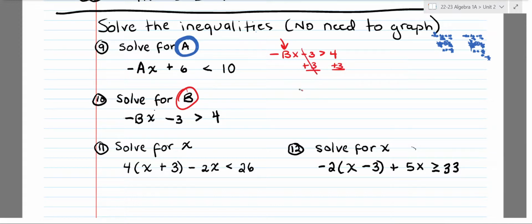These cancel. We got negative bx greater than 7. And we're solving for b, so that means everybody else has to go. The negative sign has to go and the x has to go. And since it's a negative sign, we'll need to flip. So then b is less than negative 7 over x.